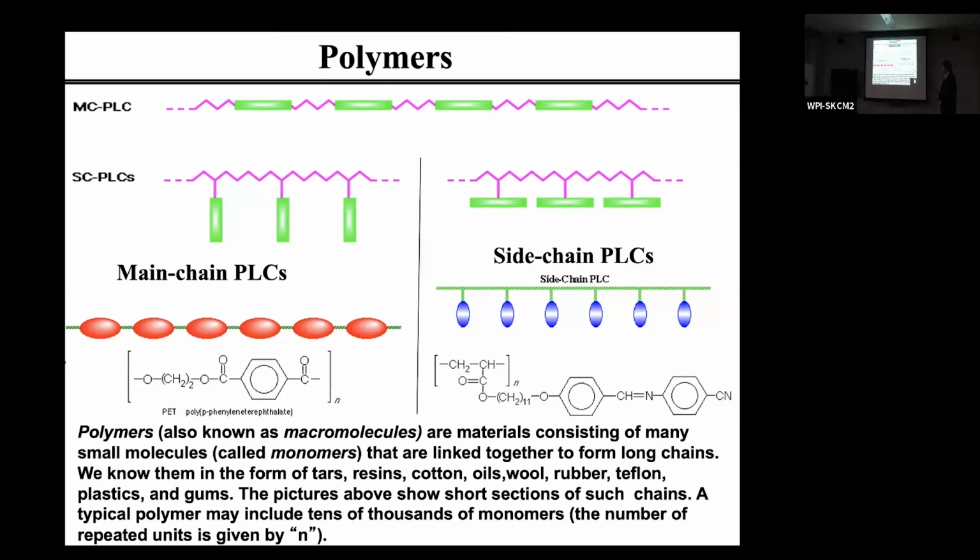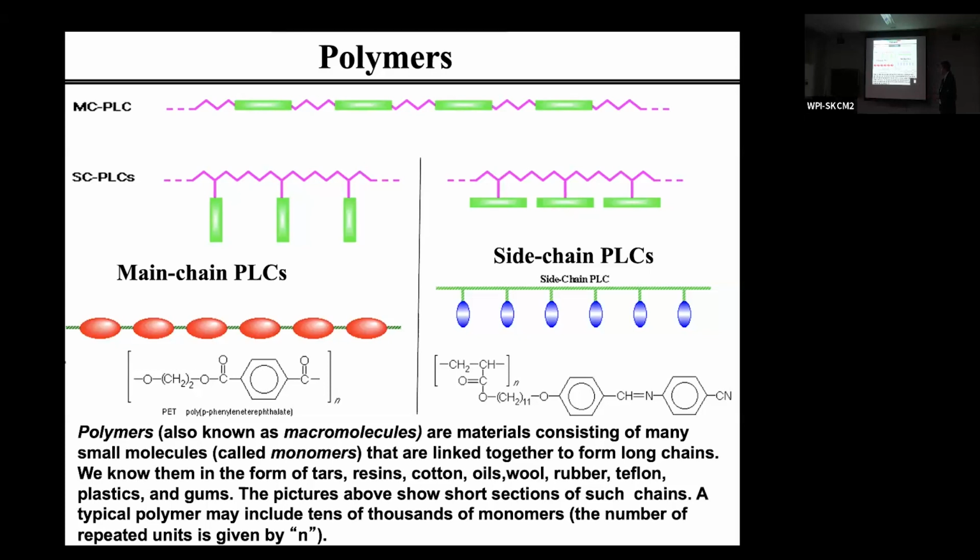So you could have main chain polymer liquid crystals where the building blocks are macromolecules made out of many small molecule units, monomers, connected to each other end to end. So main chain polymer liquid crystals.